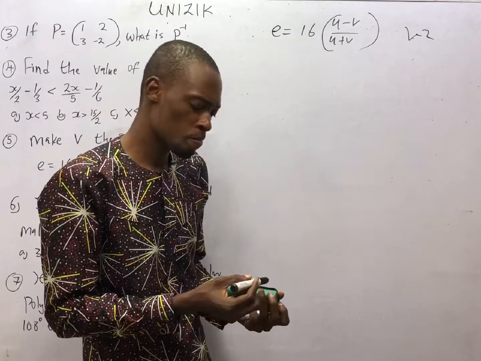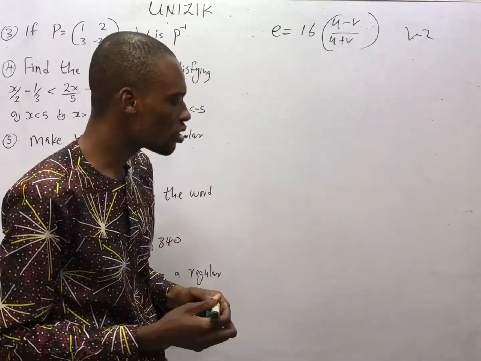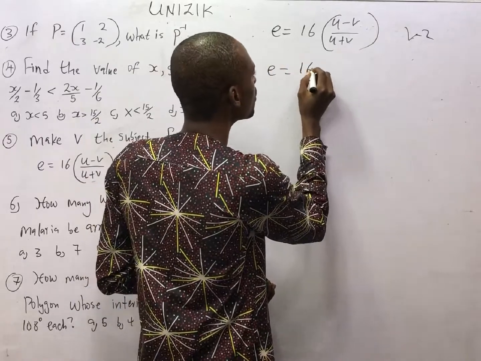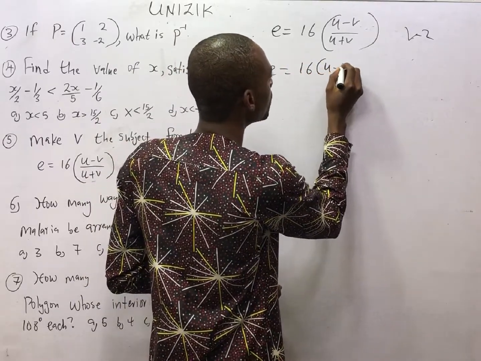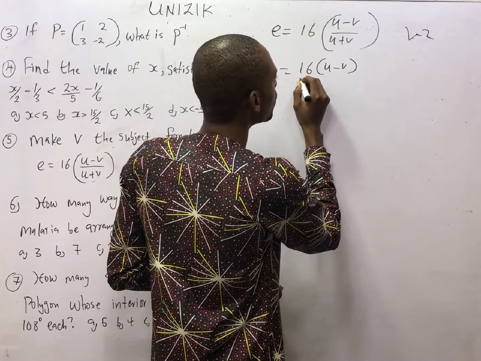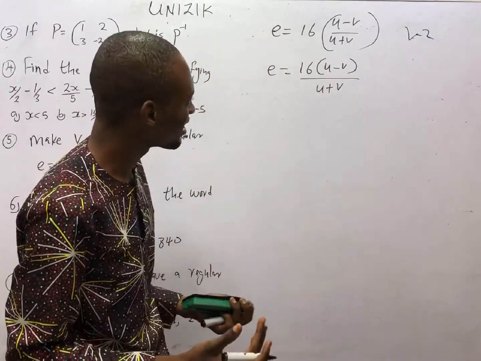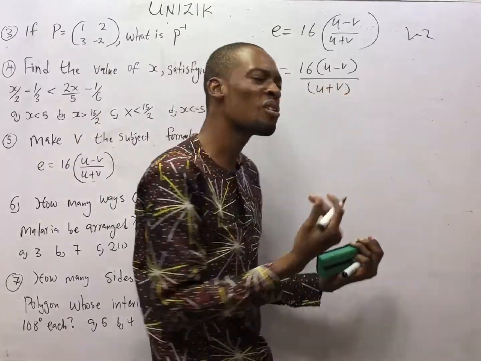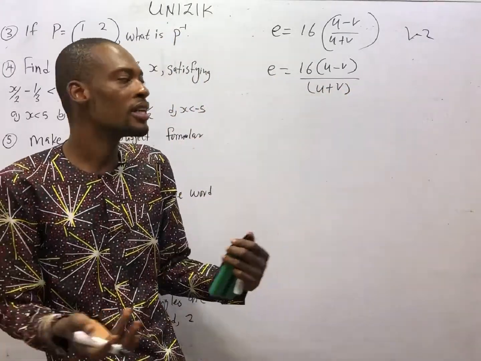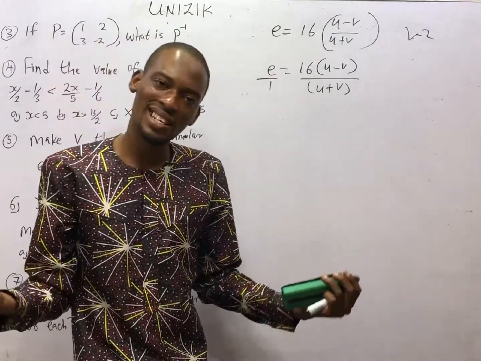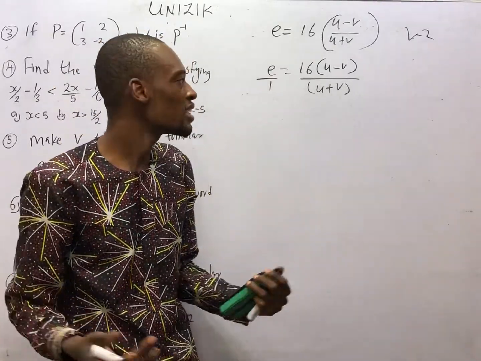Look at this. Given this equation, I can decide to write it like this: E equals 16 u minus v over u plus v. If I do this, am I correct? Yes, I am correct. If I say this is the same thing as over 1, am I correct? Yes, I am very, very correct.